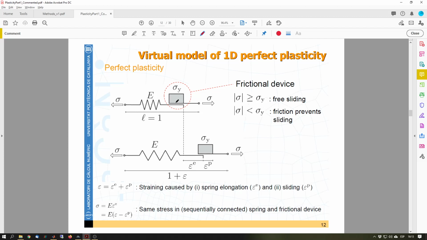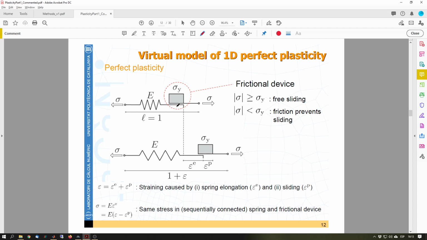So friction allows me to pull in the same manner, but after a given stress value, the relative deformation of the spring and this frictional block may not be the same.